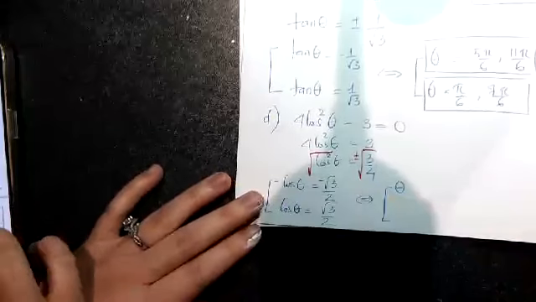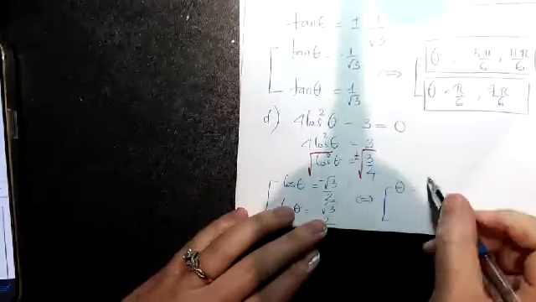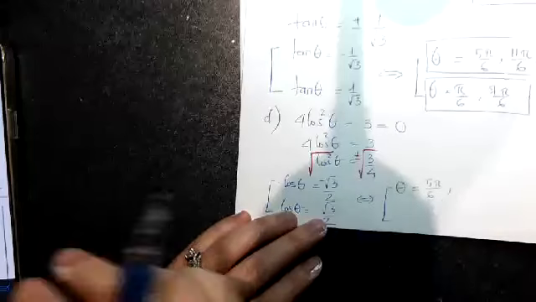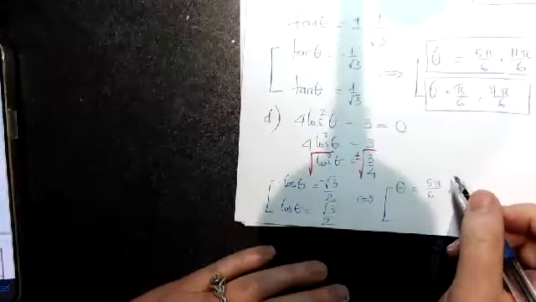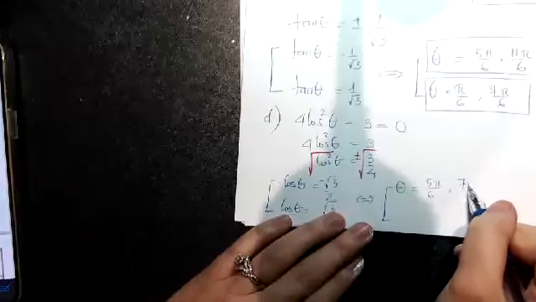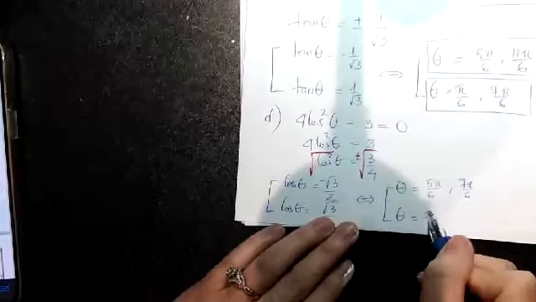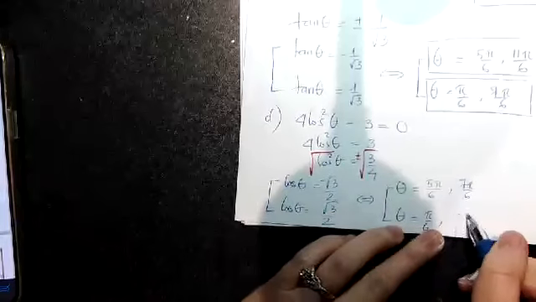What angle has cosine negative √3 over 2? I think 5 pi over 6. One more, it'll be quadrant 3, 7 pi over 6. And for the positive case, I got pi over 6. One more, 11 pi over 6.